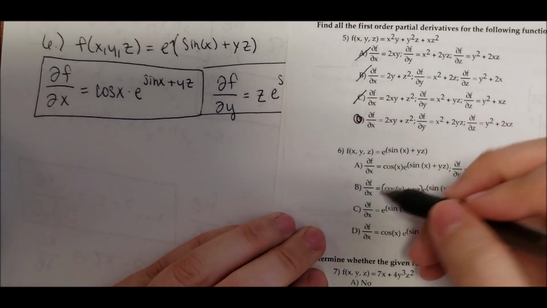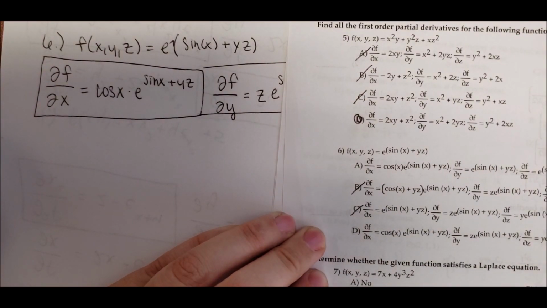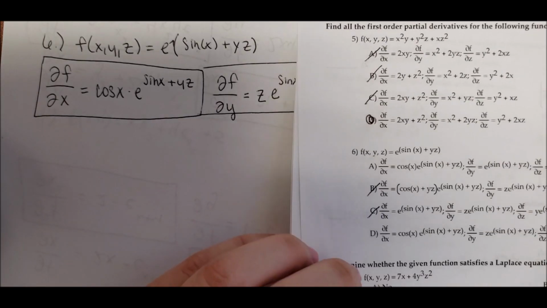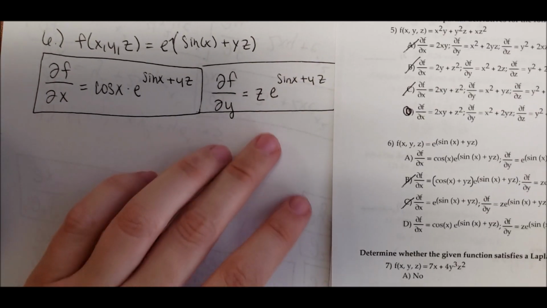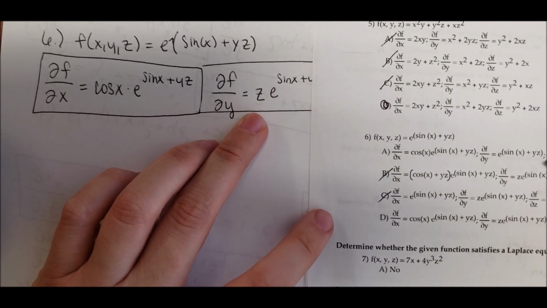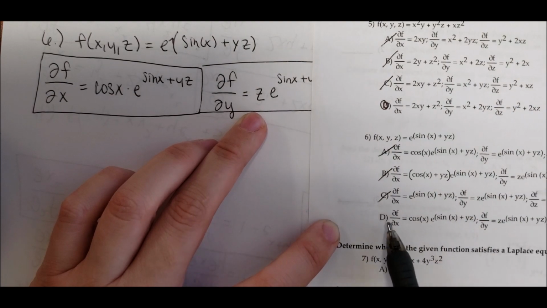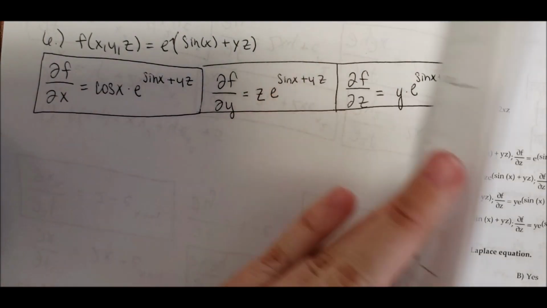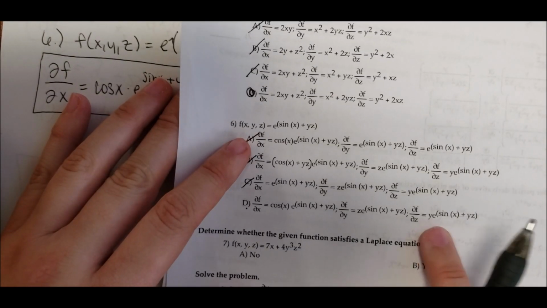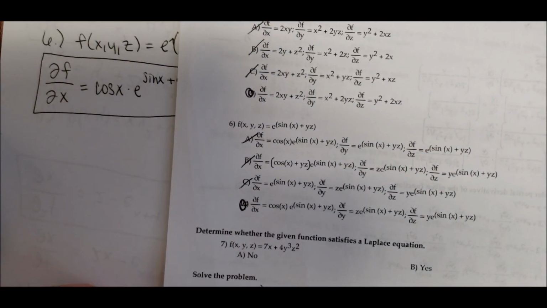So that's not B, not C. I need a Z, so it's not A, so it has to be D. But just to make sure, we need Y. Yeah. So 6 is D.